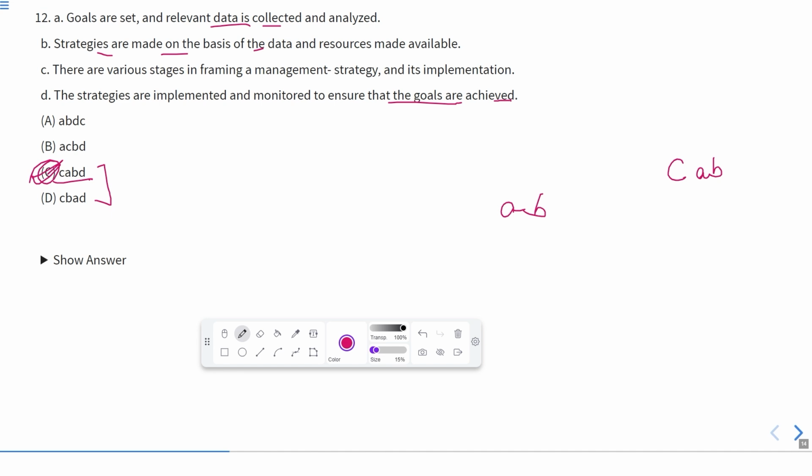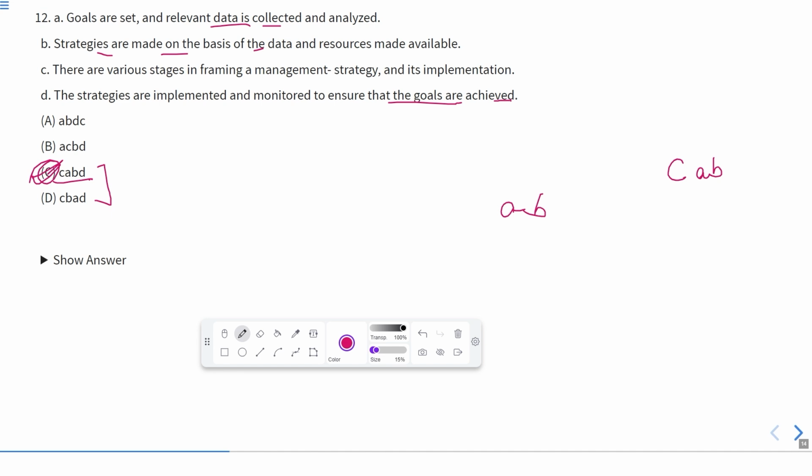Okay, so now the complete sentence or the complete rearrangement, the proper sequence should be: there are various stages in framing a management strategy and its implementation. Goals are set and relevant data is collected and analyzed. After that, strategies are made on the basis of that data and resources made available.